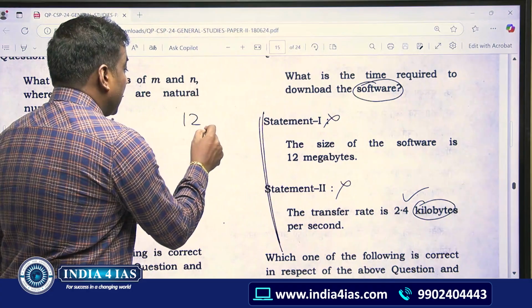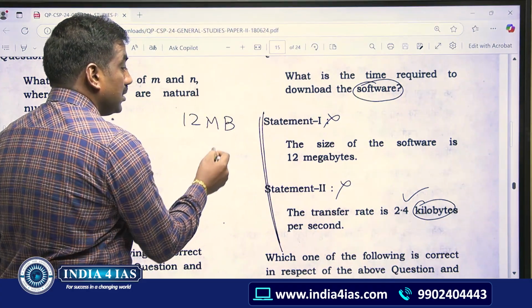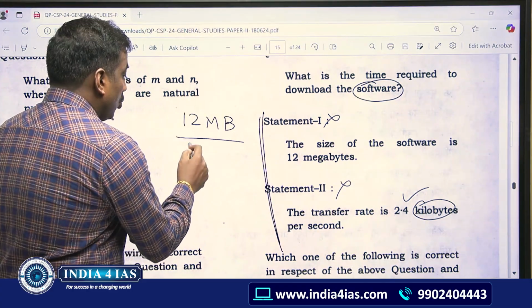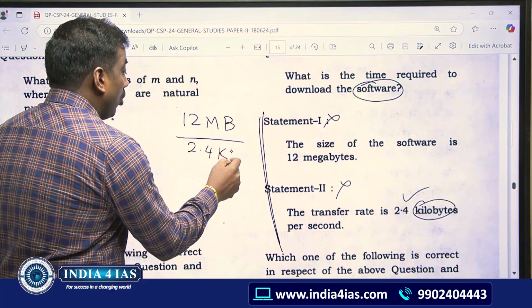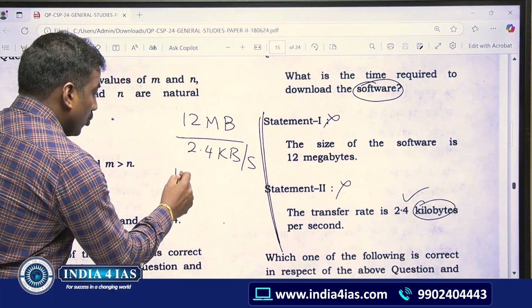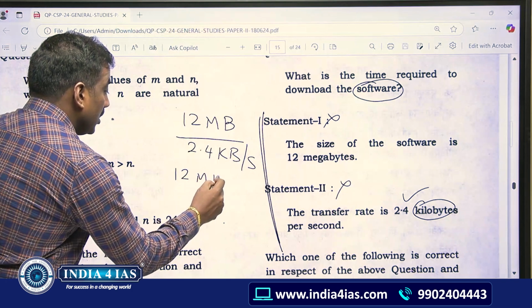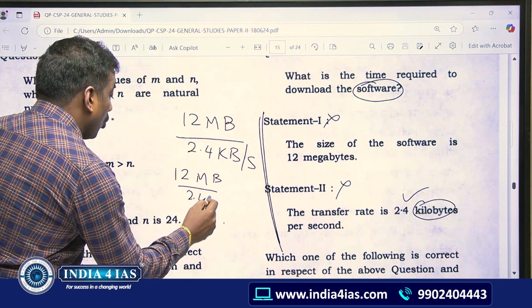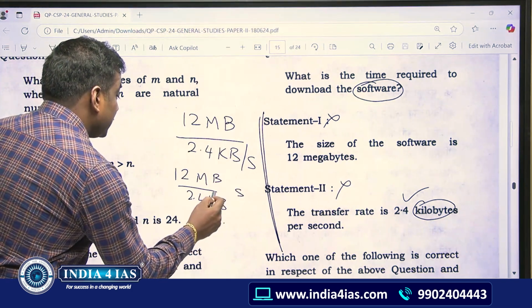12 megabytes divided by 2.4 kilobytes per second. The seconds will go up. So 12 megabytes divided by 2.4 kilobytes, these many seconds.